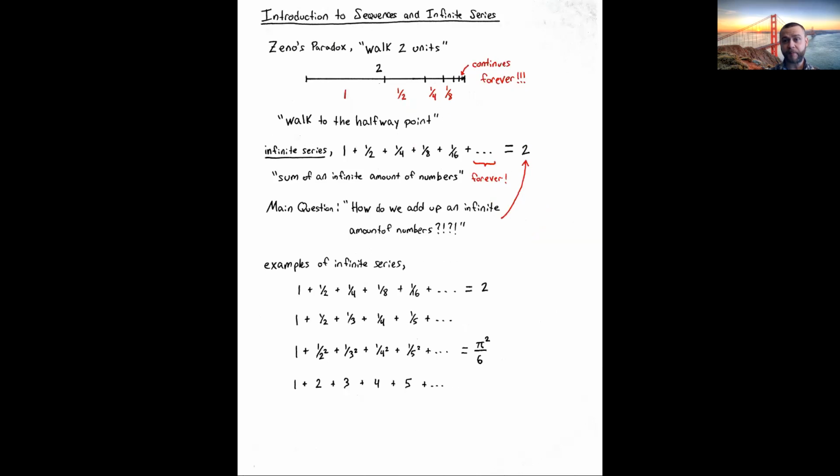Now, two of these we're going to define to have a sum. This is what we'll be getting to in later topics for the course. The first one has a sum of 2. That's from Zeno's Paradox. The third one there has a sum of pi squared over 6.